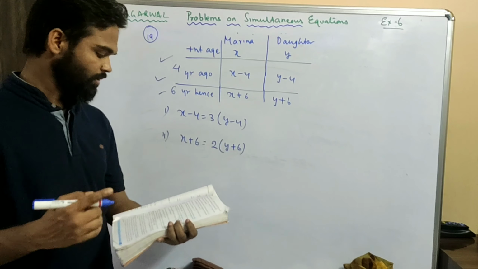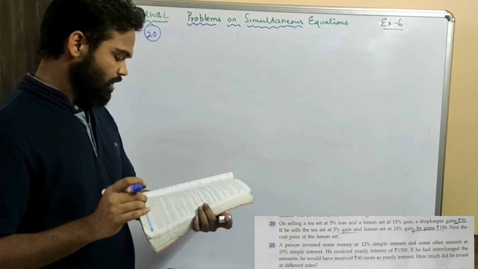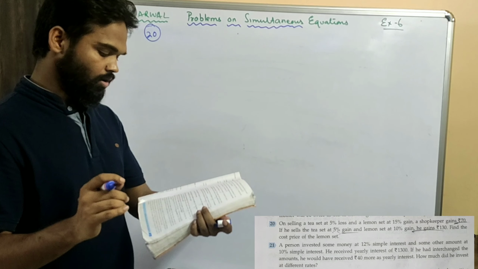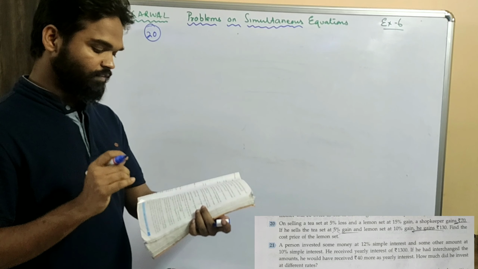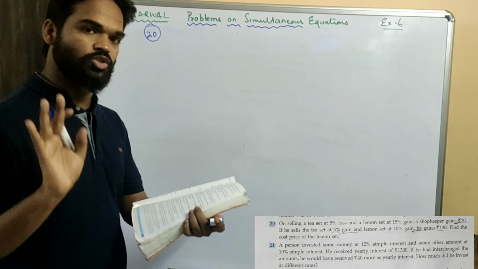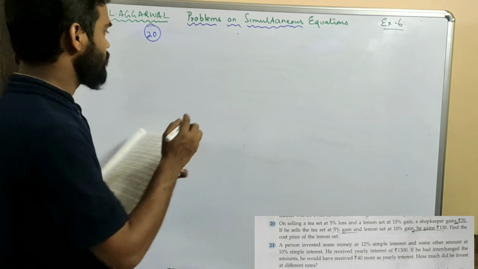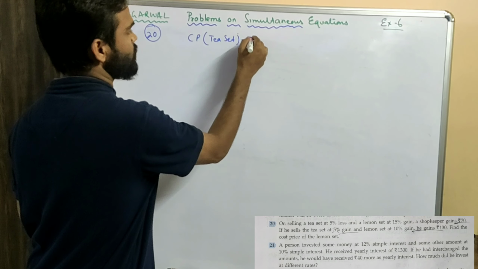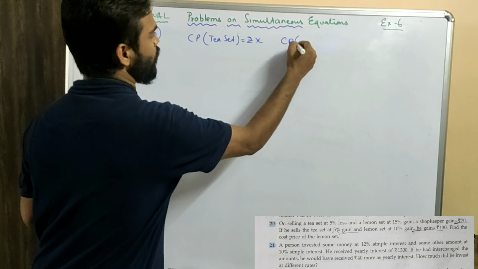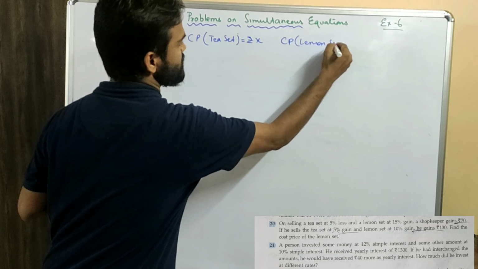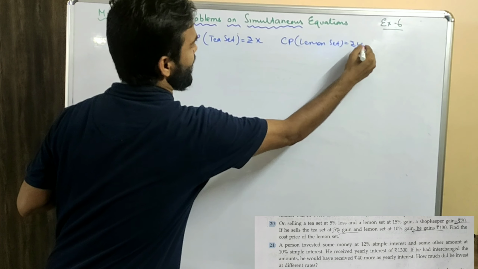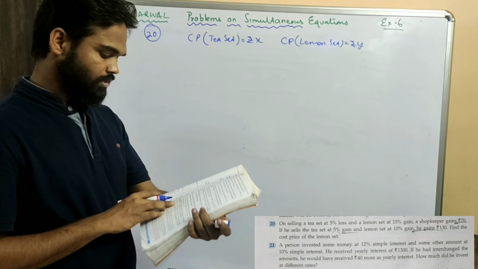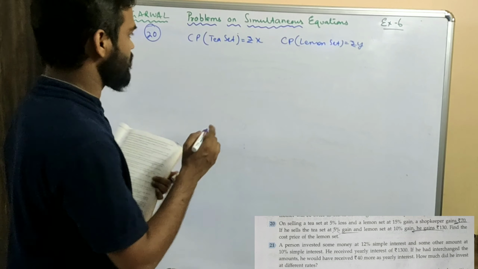Okay. Now look at sum number 20. Sum number 20. On selling a tea set at 5% loss and a lemon set at 15% gain, a shopkeeper gains rupees 70. So let the cost price of tea set be rupees X and let the cost price of lemon set be rupees Y. Okay. Now they've told 5% loss on tea set.